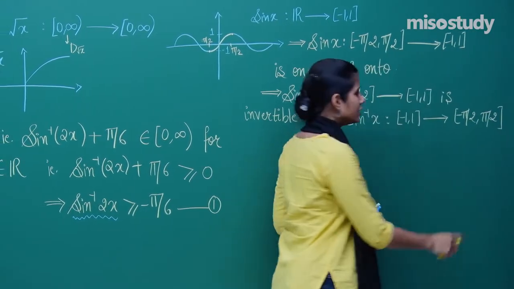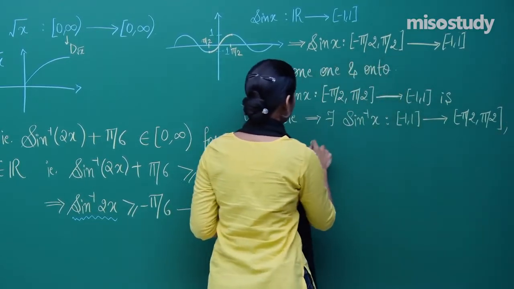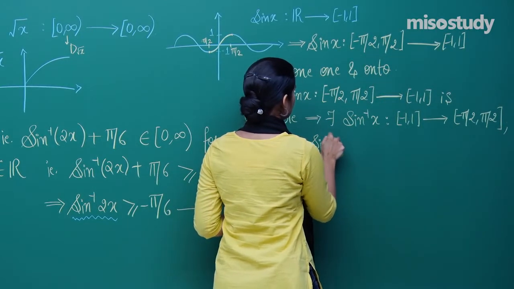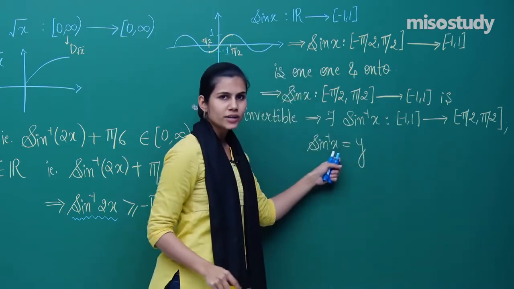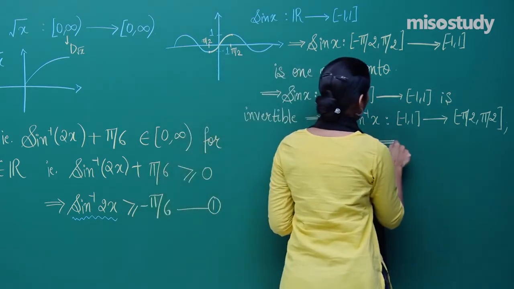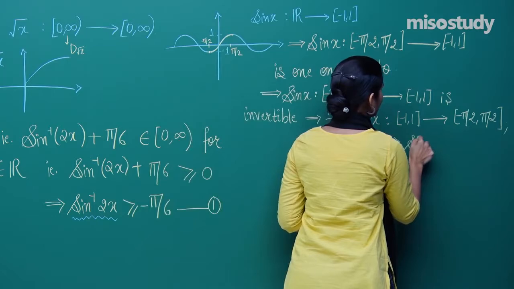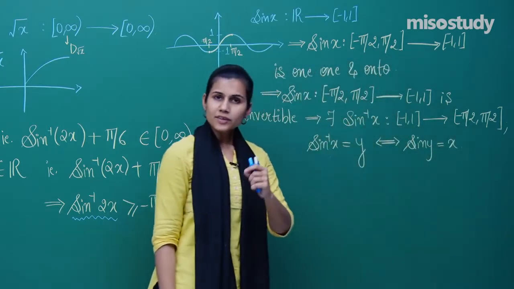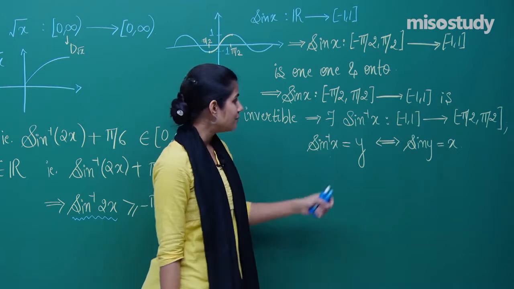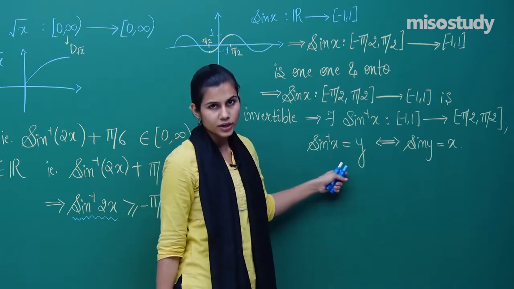And we know the definition of f inverse happens to be: this function applied to the input x comes out to be y only and only when sine y is equal to x. We have done the concept of inverse of a function.